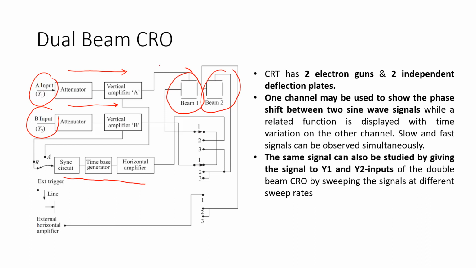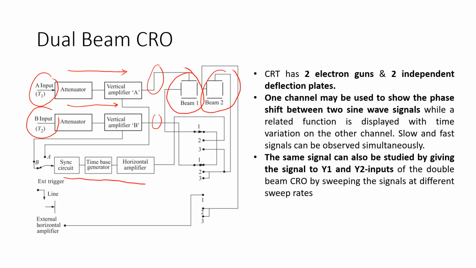The delay line is here in this dual beam CRO. They didn't provide a delay line here, and then the vertical amplifier A goes to beam 1 and vertical amplifier B goes to beam 2.